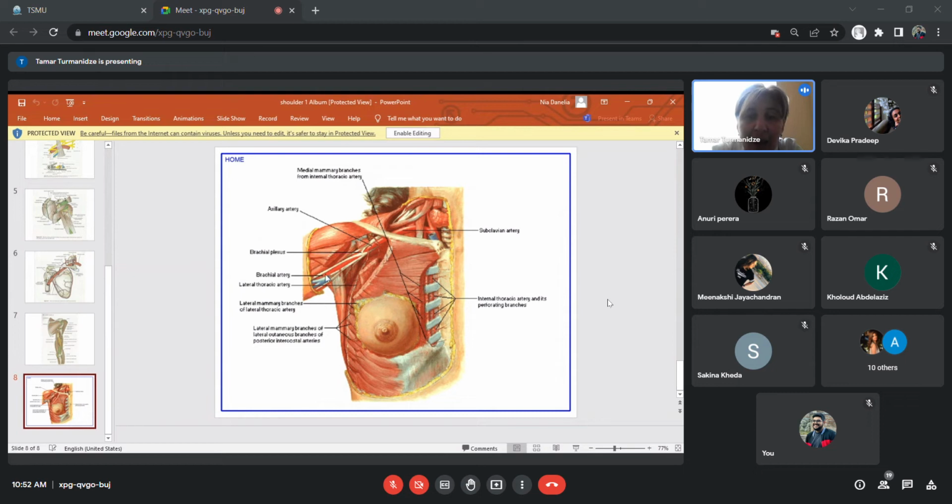The axilla consists of the apex, which is projected to the root of the neck, and the base, which is projected downward. The base is bounded anteriorly by the anterior fold of the axilla, and posteriorly by the posterior fold of the axilla. Medially, it is bounded by a conditional line which connects these folds on the thorax.